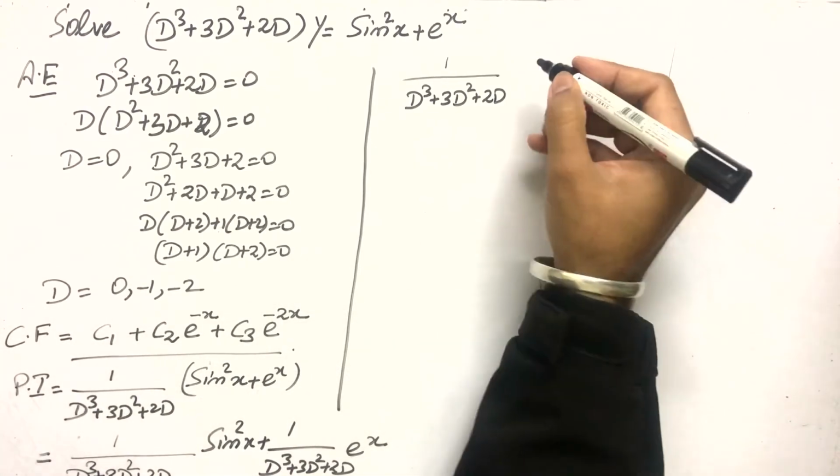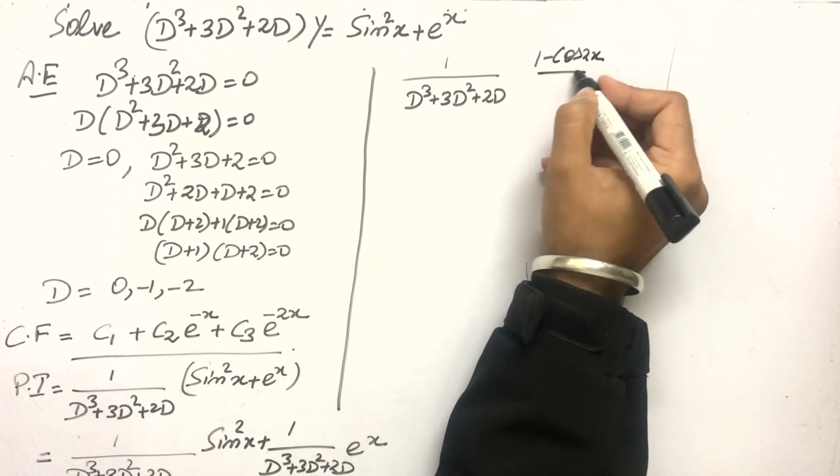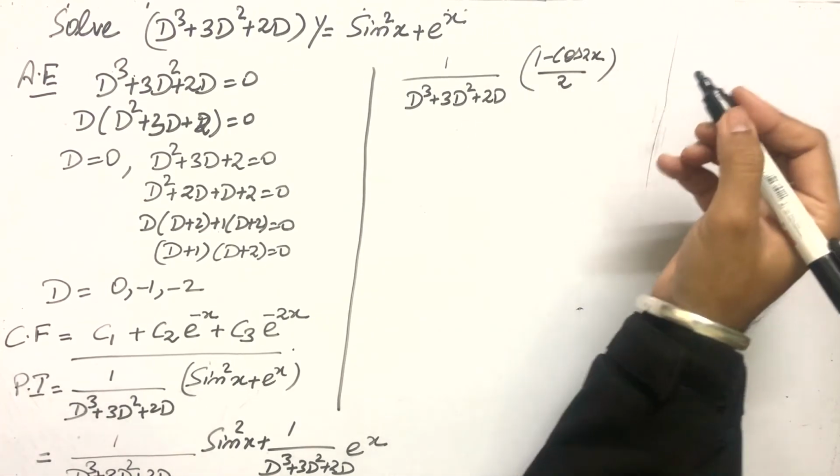Very easily we can write the formula from trigonometry. sin^2 x may be written as (1 - cos 2x)/2, and again we will distribute this over this.